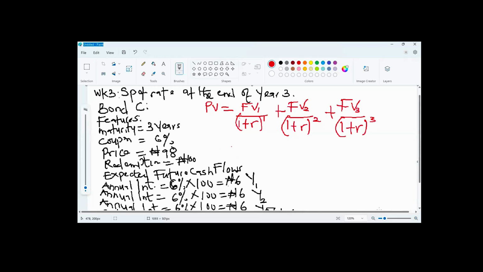That becomes 98 is equal to future value in year 1.